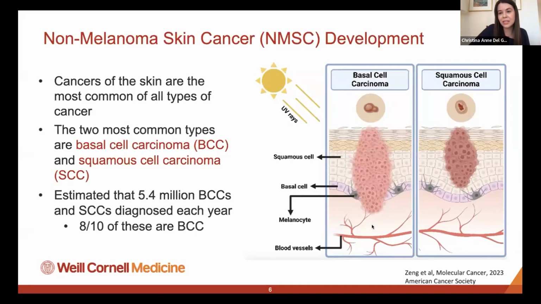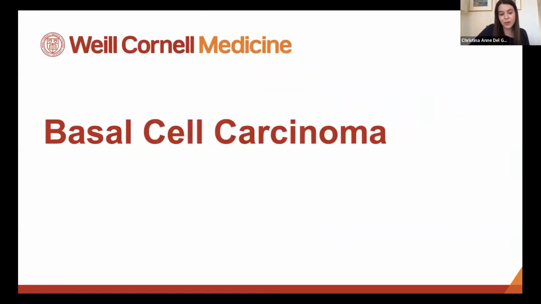The main difference between basal cell carcinoma and squamous cell carcinoma is really the cells that they arise from within the skin. Basal cells arise from the bottom layer of the epidermis, which is the top layer of the skin, and squamous cells arise from squamous cells, which live in a different part of the skin.